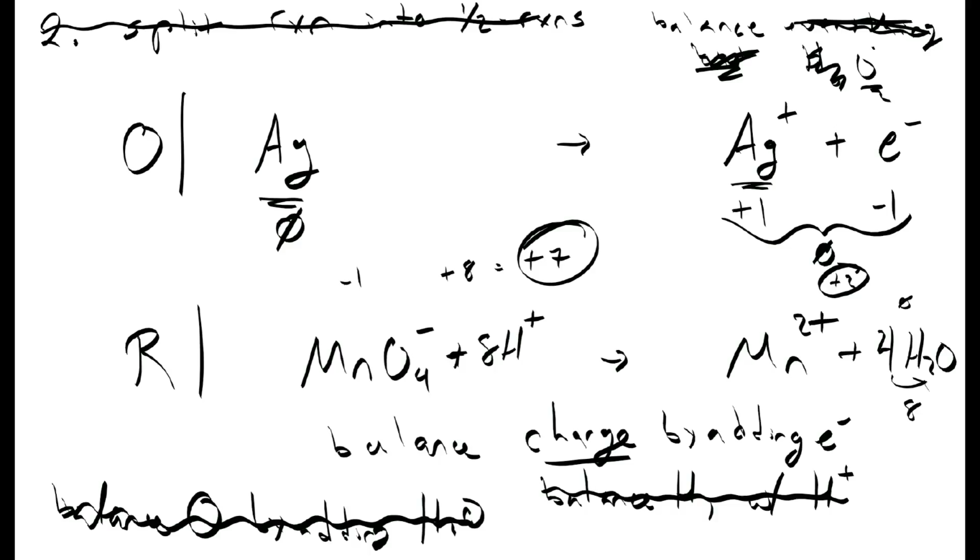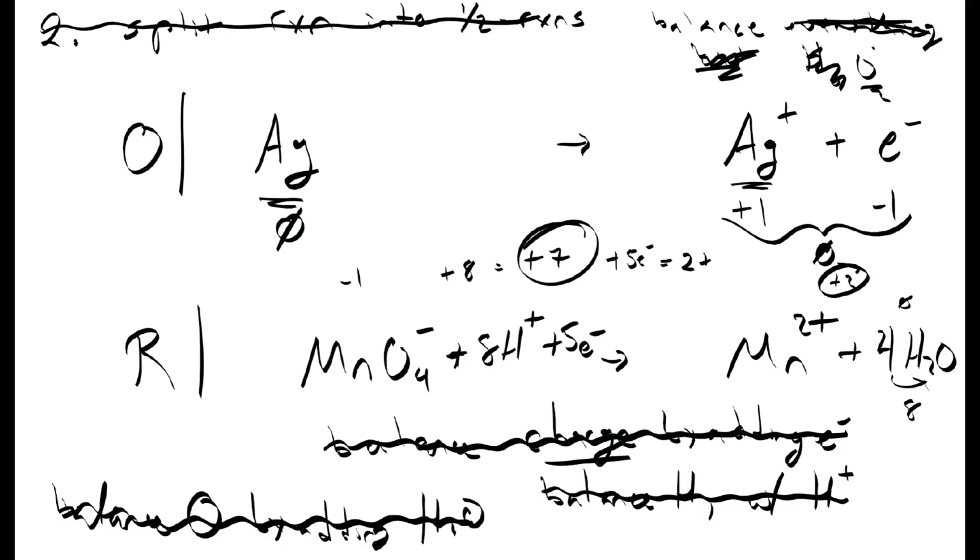Adding electrons only reduces charge. Okay, so we add 5 electrons to get a +2 charge. So, not +2, but +5 electrons on the left-hand side. Having balanced the charges, we are now ready to bring our 2 half reactions back together.